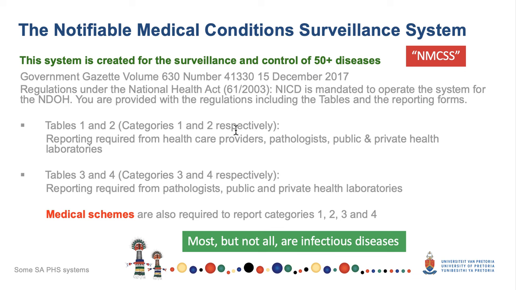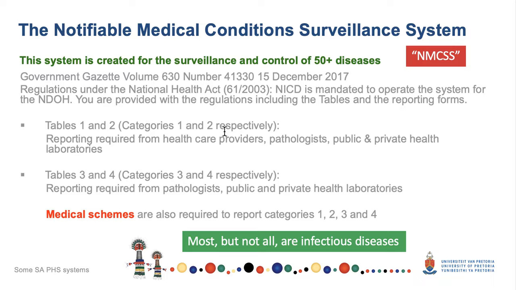So in the case of the infectious diseases system in the Government Gazette, you'll see if you go to the appendix to this particular section that it's divided into categories 1, 2, 3, and 4, and each category covers different aspects. So tables 1 and 2 list the diseases that have to be covered and reported by healthcare providers, pathologists, public and private health laboratories.